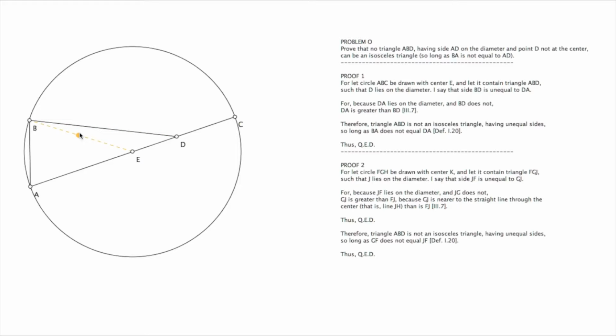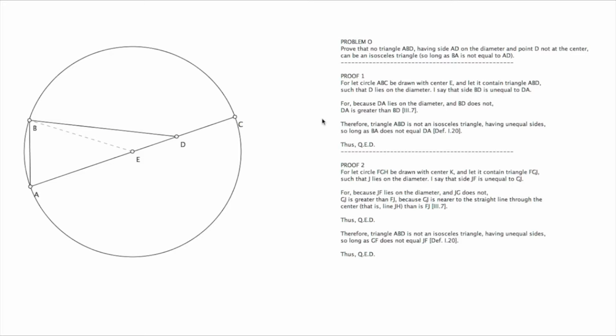But BE is also the same length as AD because they're both radii of the same circle. So if we add the same length, ED, to each, then AD is equal to BE plus ED, and therefore AD is also greater than BD. That's the reasoning employed by 3.7.